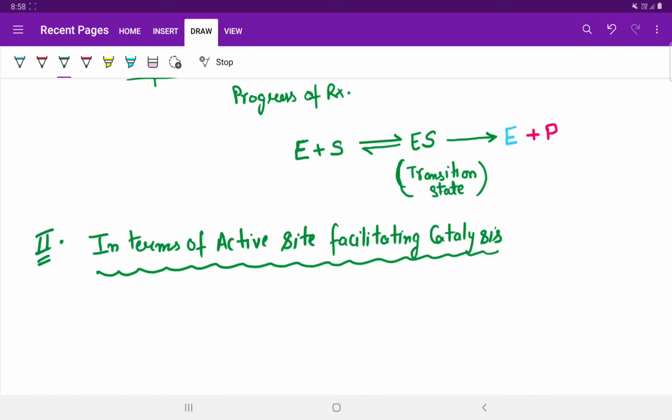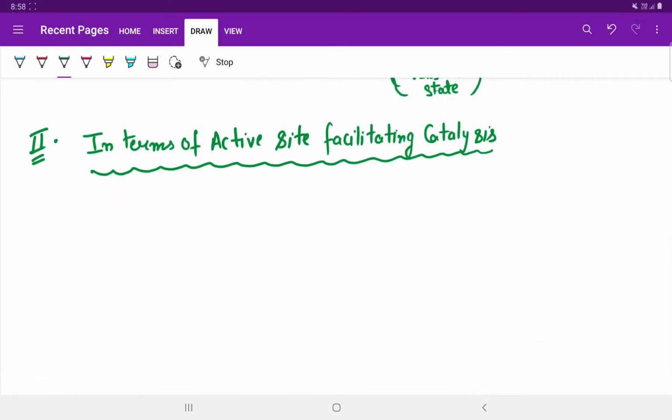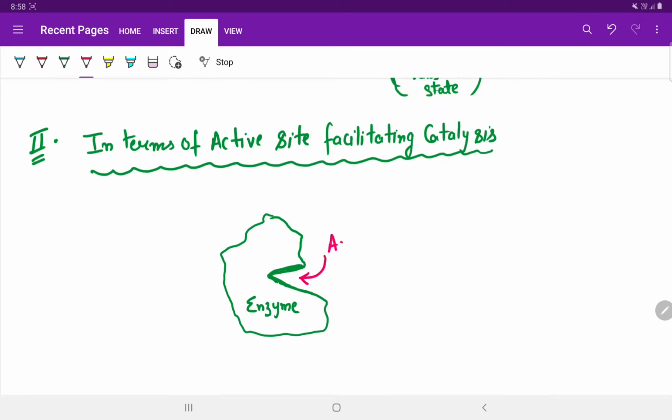Let us draw a simple diagram for an enzyme. This is just a representation. Now this is an enzyme. This particular darkened area here is the active site.